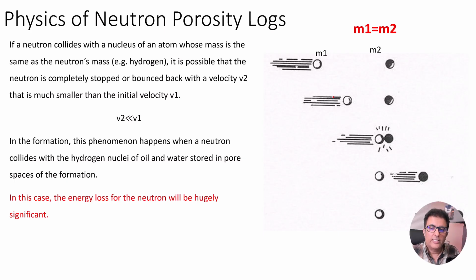Hydrogen. So as a result of the collision of neutrons with hydrogens in the formation, the energy of the neutron will be attenuated. And this is how this logging tool works. So when we have more hydrogen in the formation, it means that we have higher porosity. In that case, the energy of neutrons will be attenuated significantly.